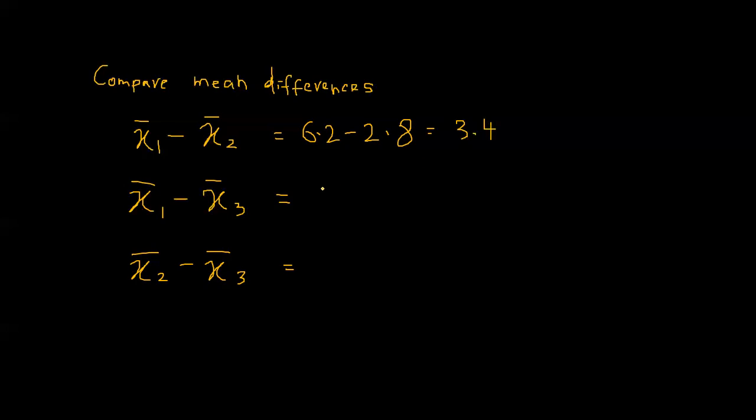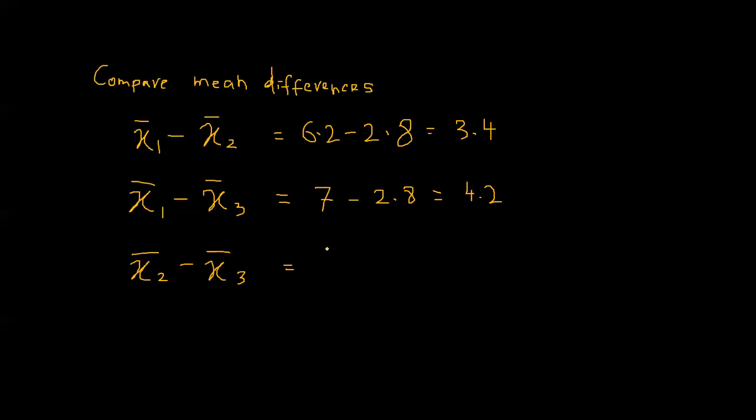So now between the mean for treatment 1 and treatment 3. Treatment 1 is 2.8, treatment 3 is 7. So 7 minus 2.8, you will get 4.2.